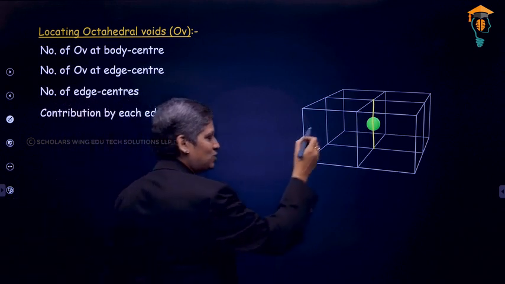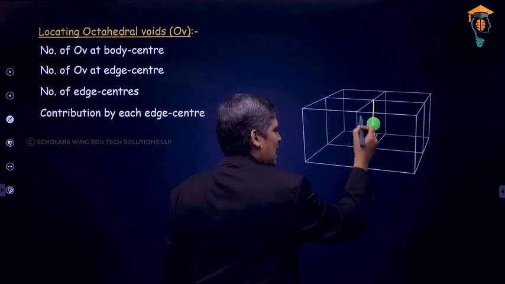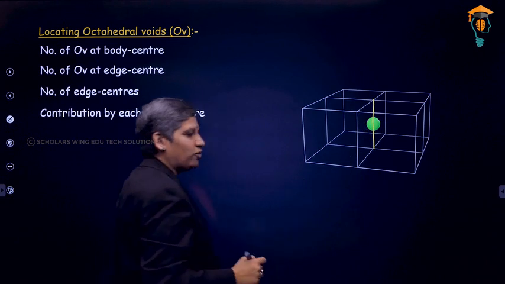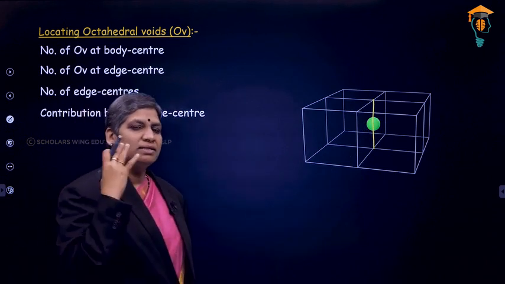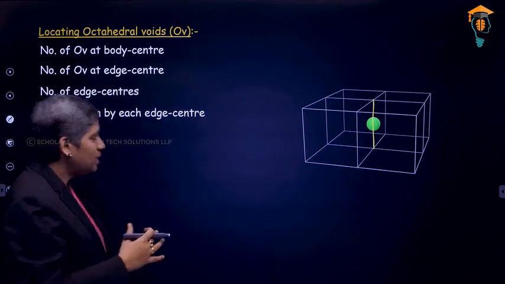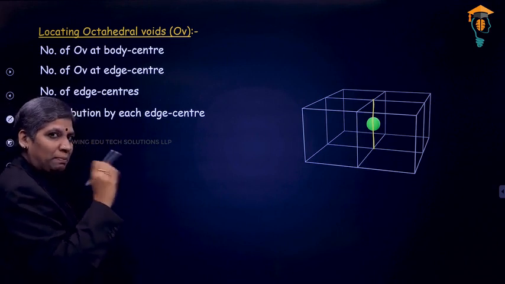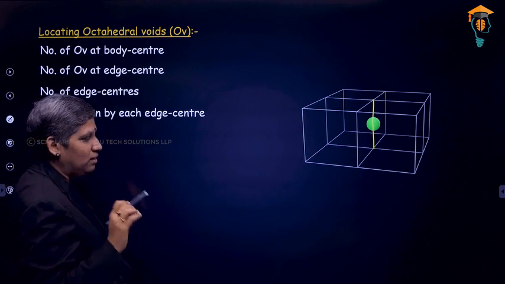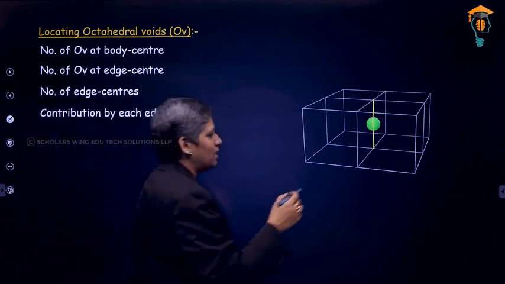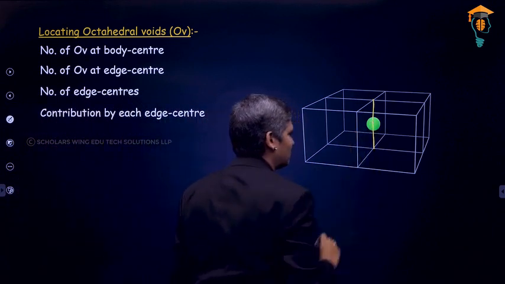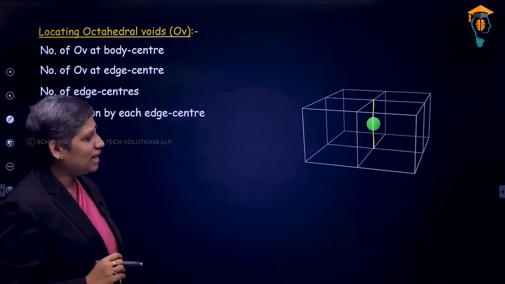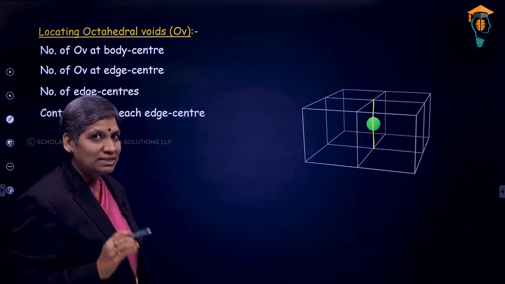Okay, so this is an edge center of this common face, and at that edge center, if at all we place a sphere, I am just teaching you the contribution made by that particle when placed at the edge center. Clear? Okay. Now, this particular particle is shared by 4 unit cells.